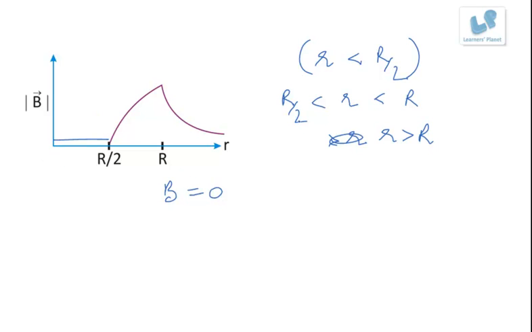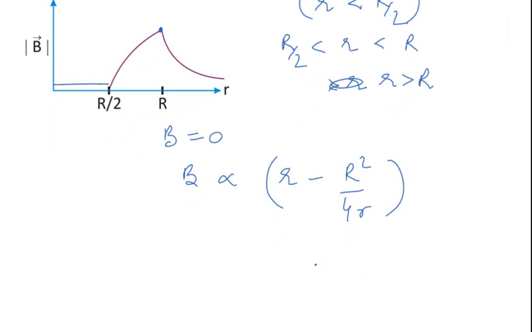The moment you reach R by 2, you have some magnetic field and it keeps on increasing, because the function is something like r minus R²/4r. It will keep on increasing with the value of r until you reach the surface of the conductor. From that point onwards, the magnetic field is inversely proportional to the distance r, so it will reduce. So this is the correct option.